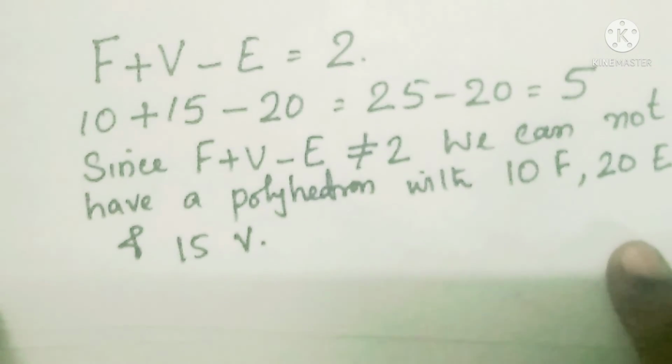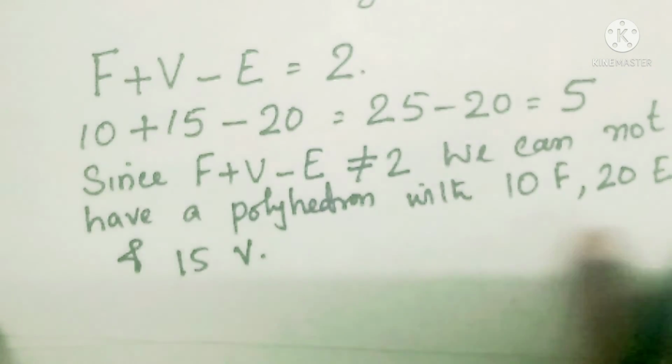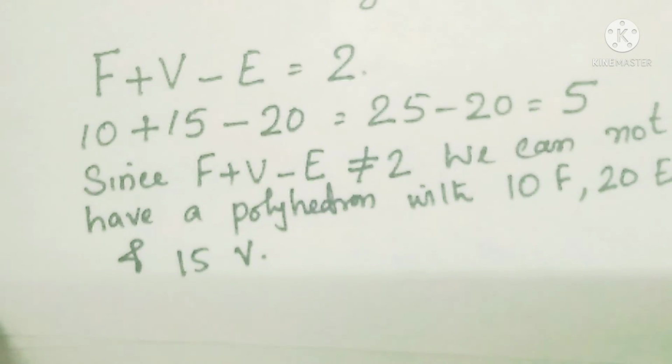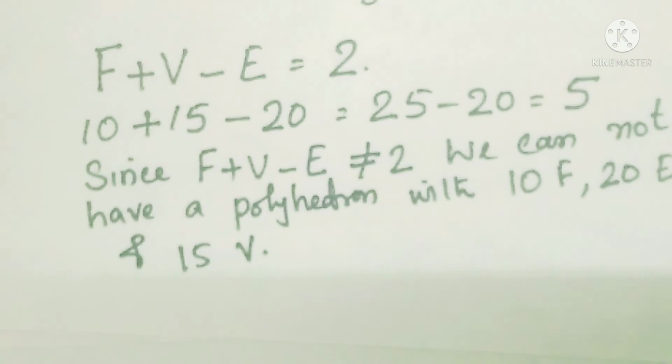So, what is the reason? When you substituted these values in Euler's formula, we did not get 2 as the answer. If you get 2 as the answer, then only it is possible. So, this was the last question in that exercise.